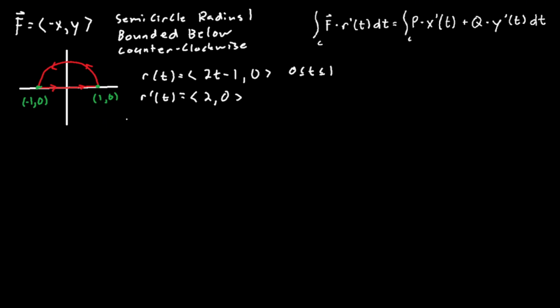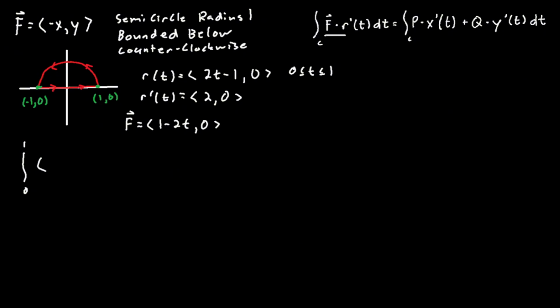Okay, now let's find the parameterized vector field. So our vector field is just negative x, y. So the negative x component of this is 1 minus 2t. So the negative of this is 1 minus 2t. And y is simply 0. So we have 0 here. And we can set up our integral by dotting our vector field.